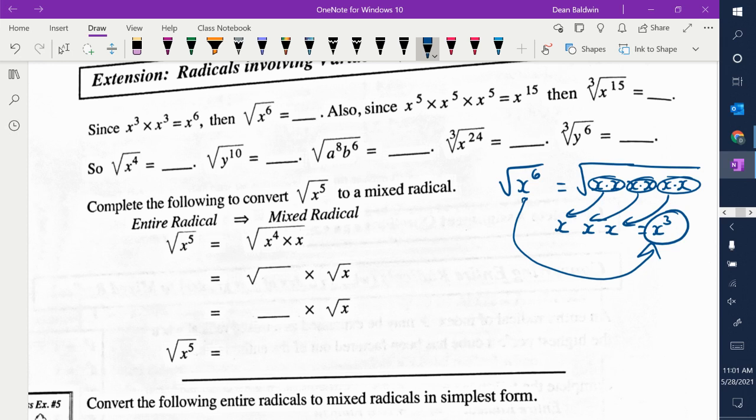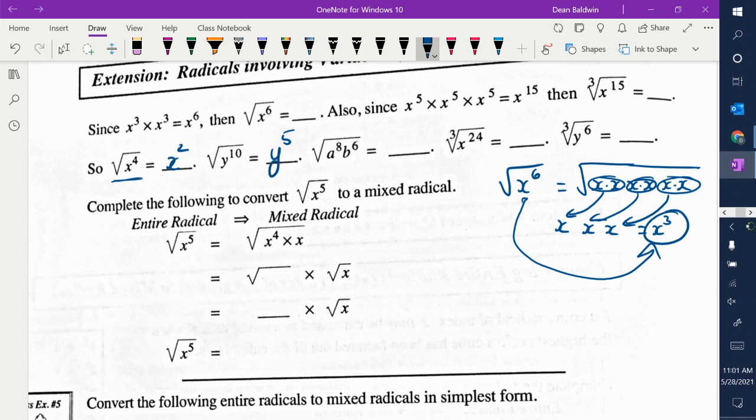Okay, so for example, the square root of x to the 4. What's my index number? What's 4 divided by 2? No. If the number is not written, it's always 2. Everything else will have a number written. What is the square root of y to the 10? y to the 5.